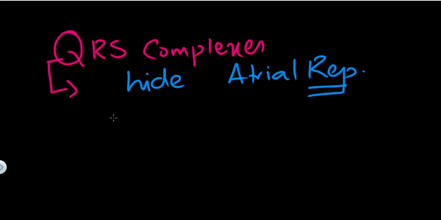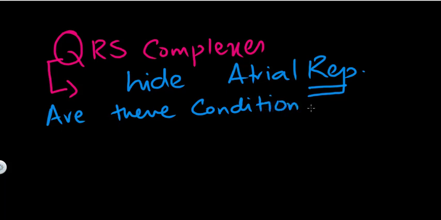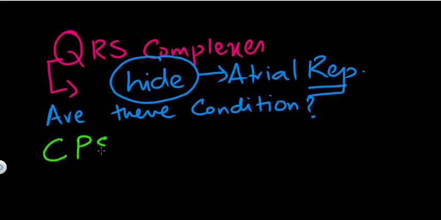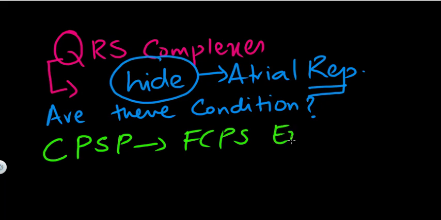So are there any conditions, are there any pathologies or conditions where we can see the QRS complexes not doing their job or not hiding the atrial repolarization? This is one of the favorite questions of CPSP, which makes or breaks your FCPS exams.